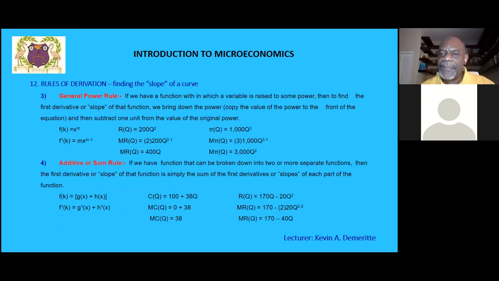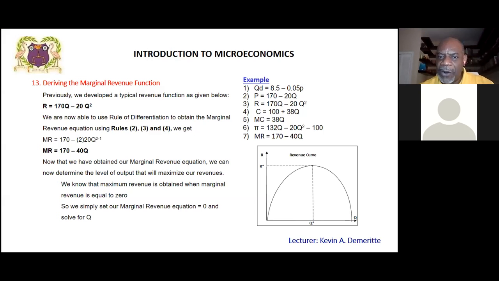Do we have any other functions where we have a number all by itself? For the moment, let's ignore the marginal cost and marginal revenue functions, and we'll explain those in a moment. Look at our price function. We have a 170 all by itself. So if we were to graph that line, we end up with a line. We don't know the slope of that line or the rate of change of the line.